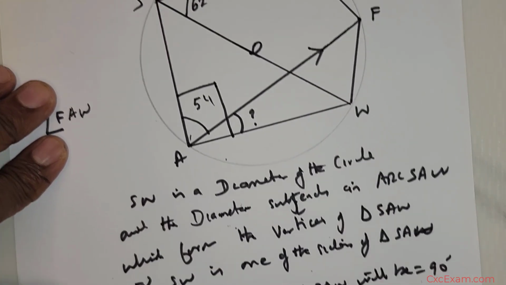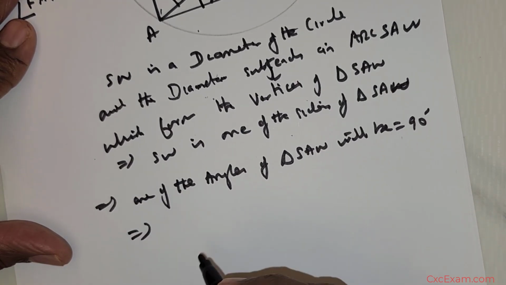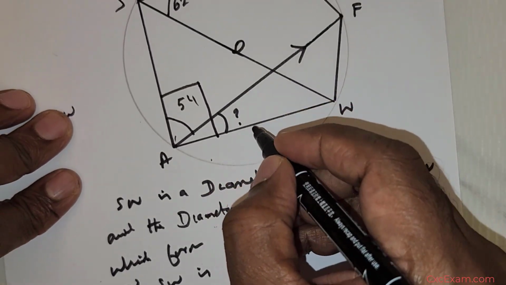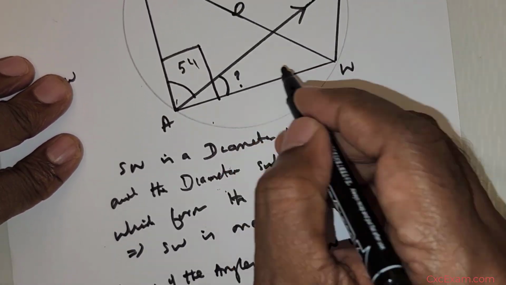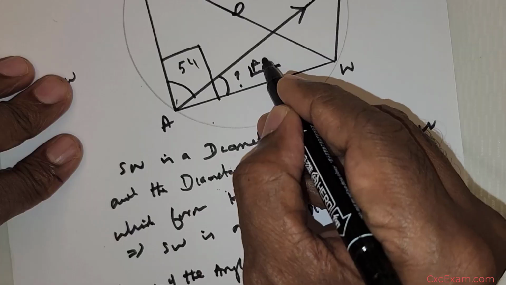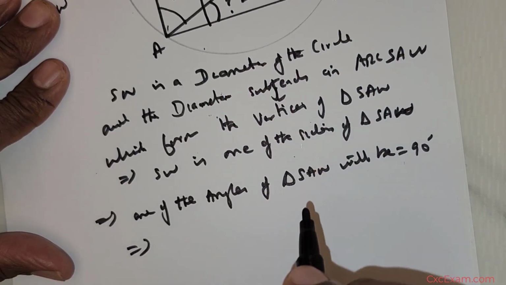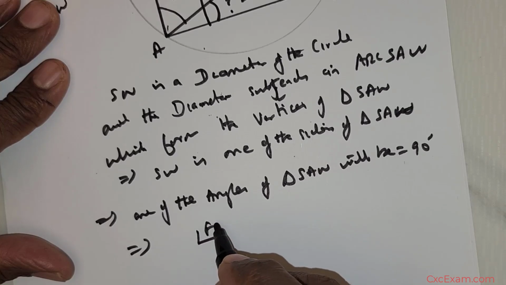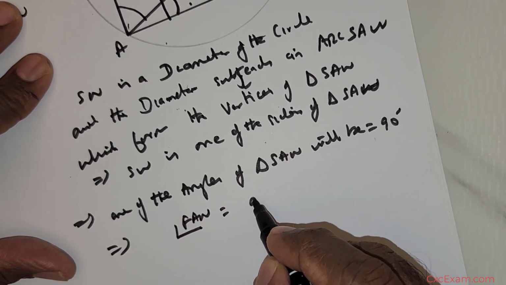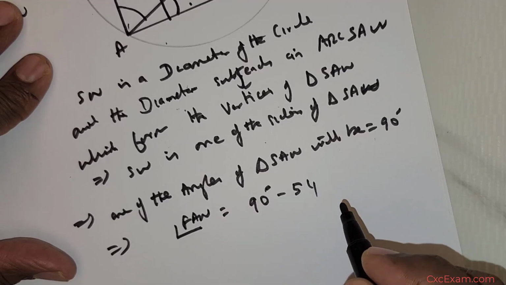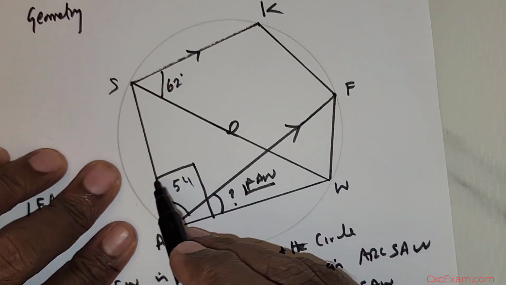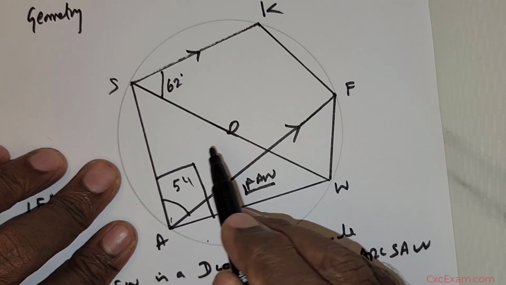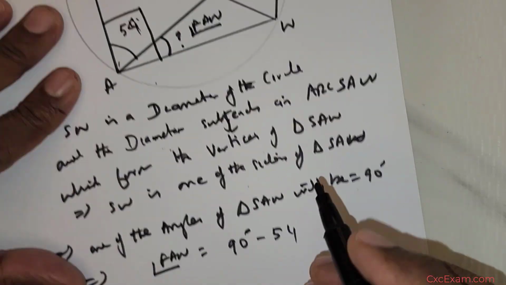Okay, so having mentioned that, this would mean this is the required angle, angle FAW. So angle FAW will be equal to, from 90 you take away 54 degrees.